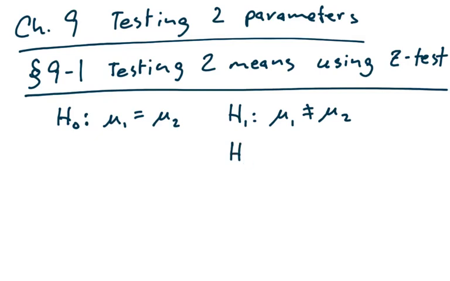The other option for H subscript 1 is that the one is less than the other, or you could compare them the other way if that was the way that the problem was presenting itself. So we could say mu subscript 1 is greater than mu subscript 2.